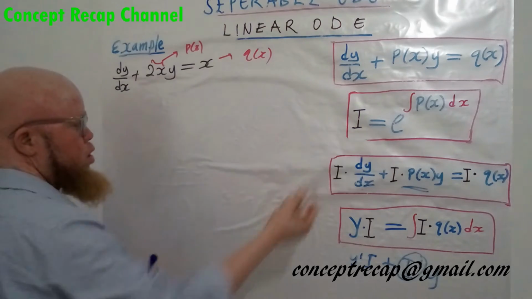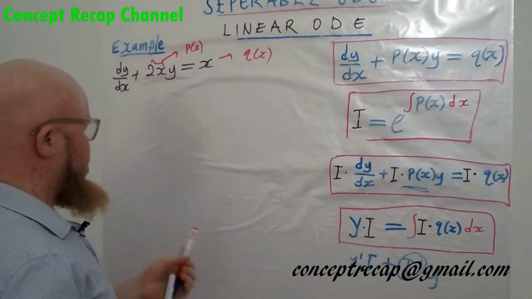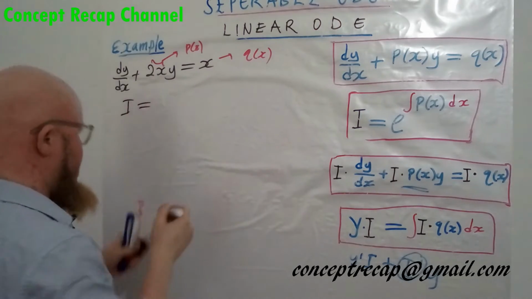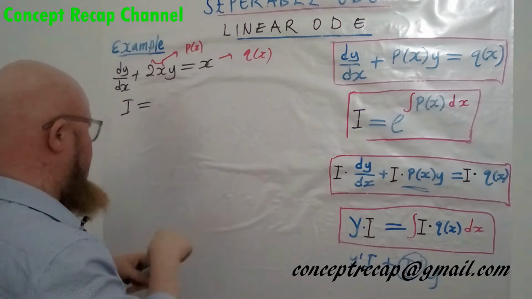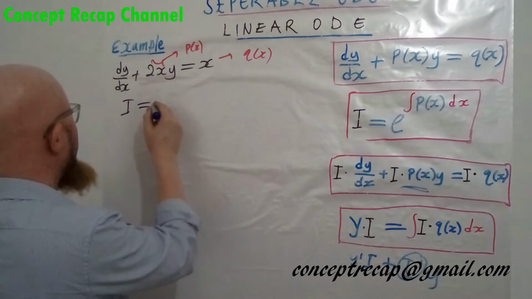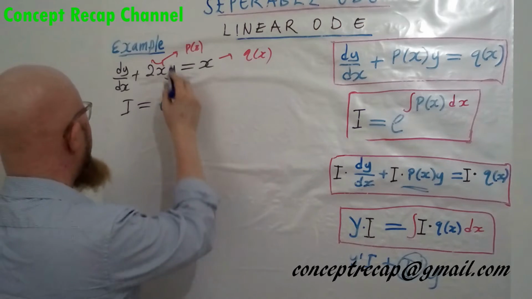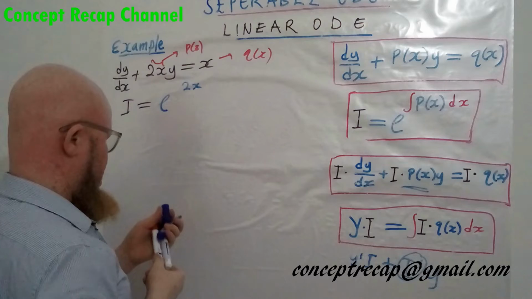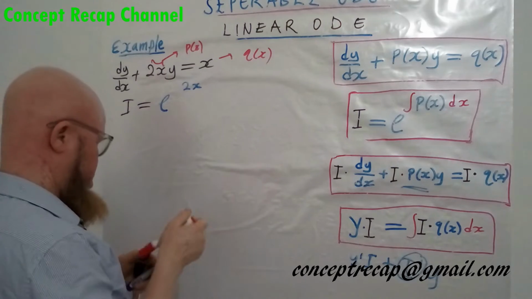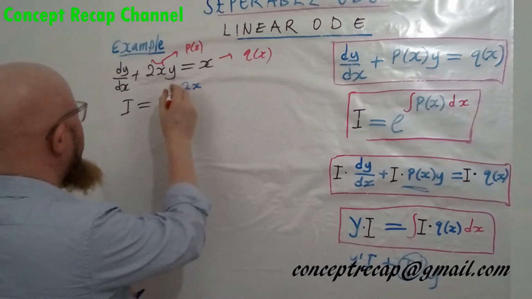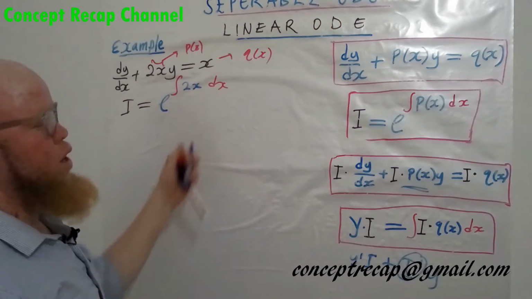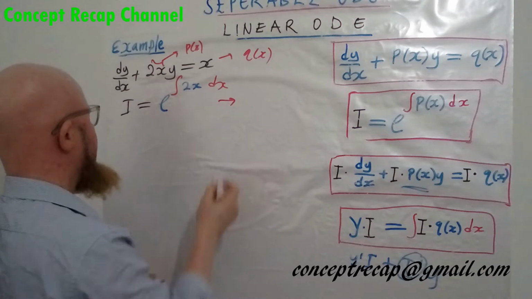So the second step is the integrating factor. What is your integrating factor? It will be given by e to the power integral of p of x, which is 2x, dx.